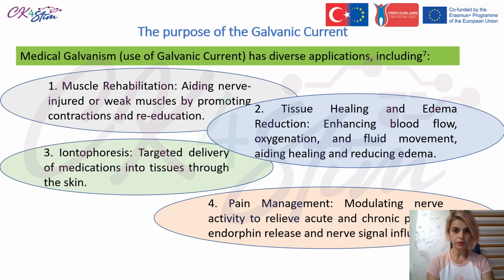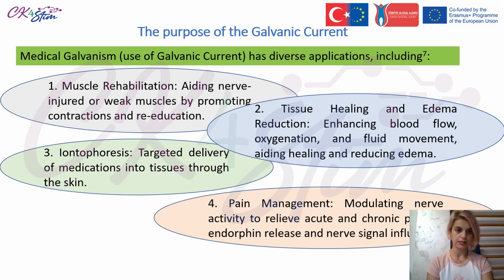In the case of tissue healing and edema reduction, the galvanic current can promote tissue healing by improving local blood flow and oxygenation. It also aids in reducing edema by facilitating the movement of fluids through the tissue and promoting lymphatic drainage.